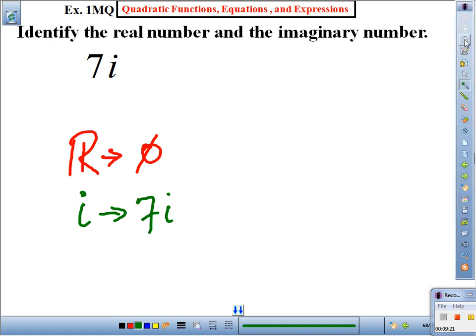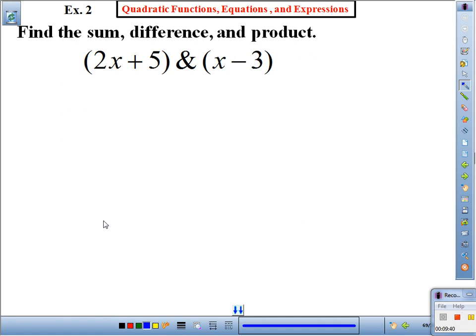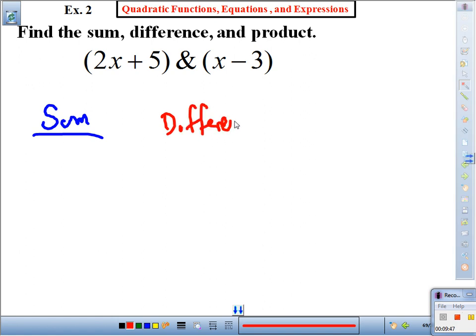Let's crank it up a notch. Example 2. Copy this. I start off slow and then we keep going. Okay, here we go. I want you to do the sum in blue, difference in red, and product in green.